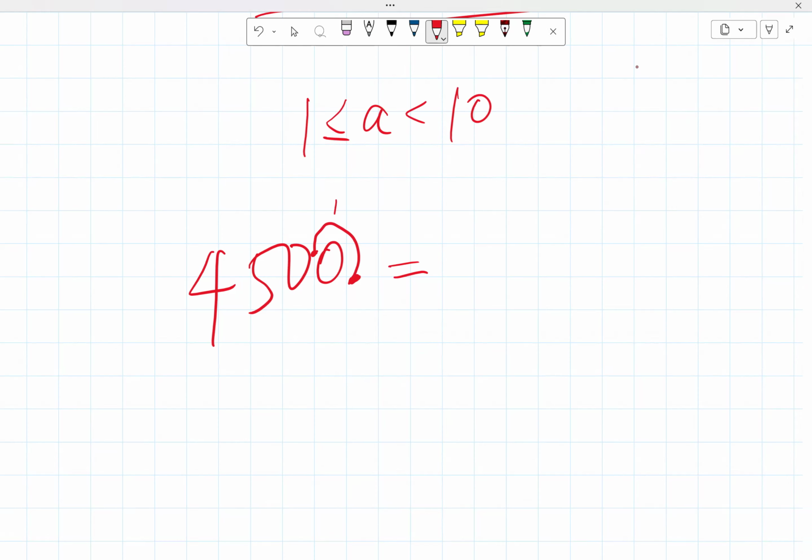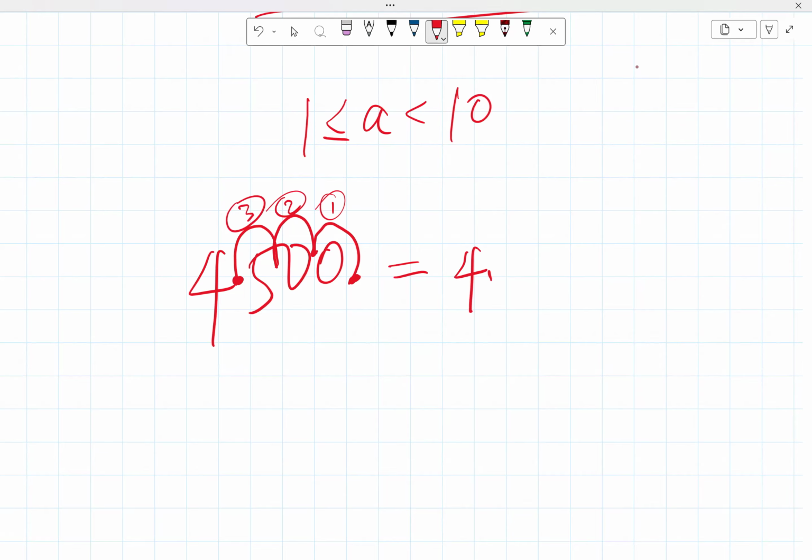You count the number of steps. That's one. Then you move the second one and have 45, which is still bigger than 10. Then you move again and now have 4.5, which is bigger than 1 but less than 10. How many steps have you moved? One, two, three. So how do you write that?